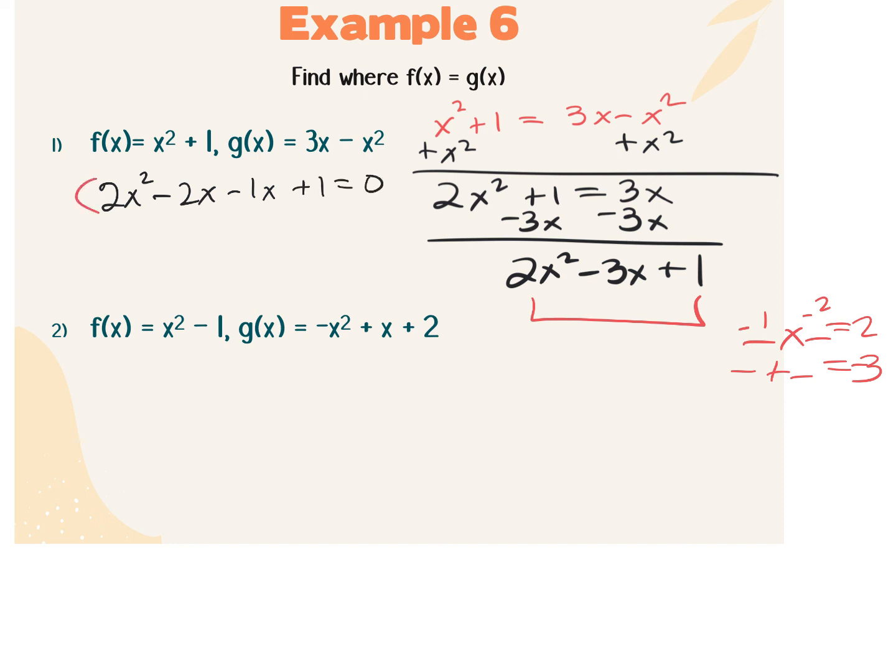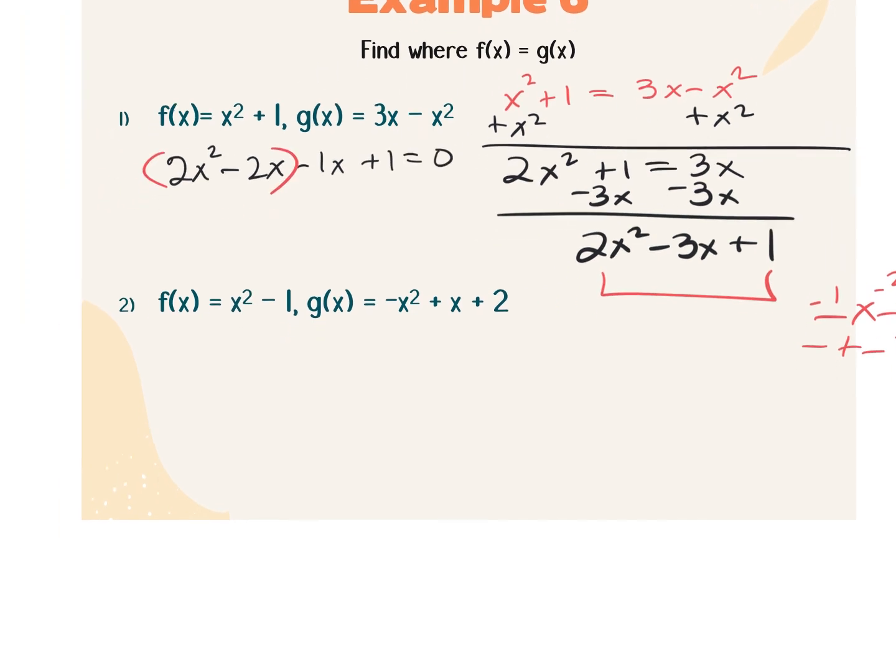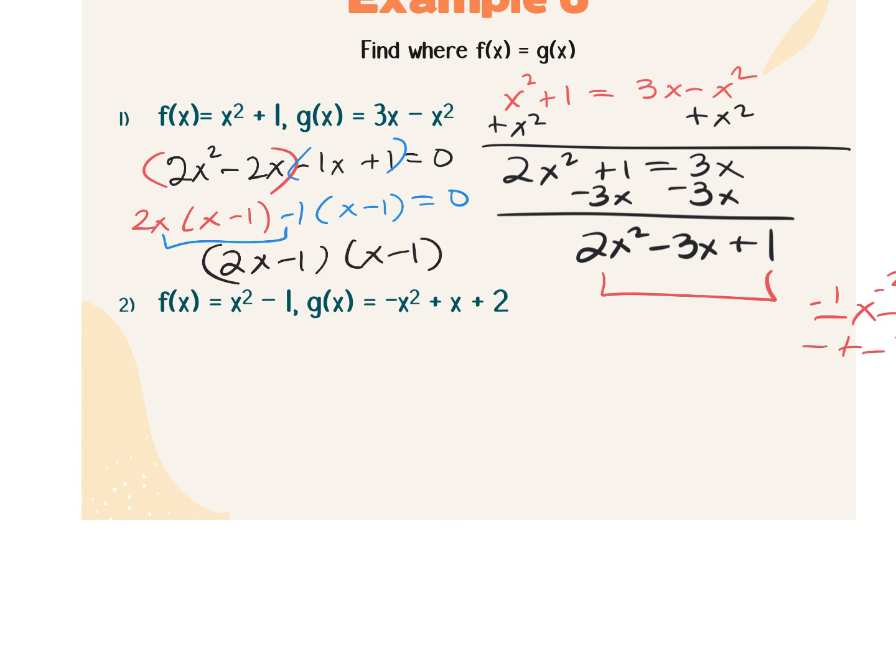Make a red group and a blue group. GCF of red is 2x, so x minus 1. GCF of blue is going to be -1. Put these two together, so the two factors are 2x minus 1 and x minus 1.